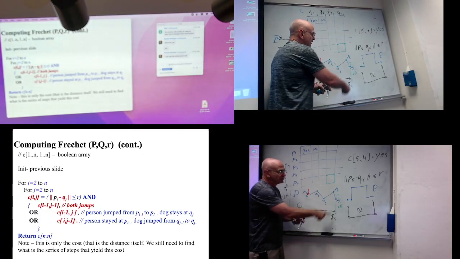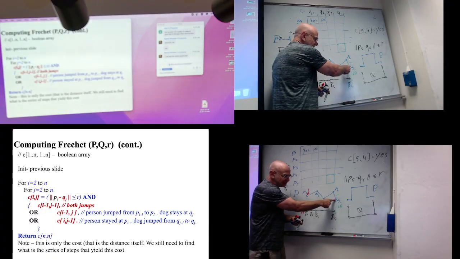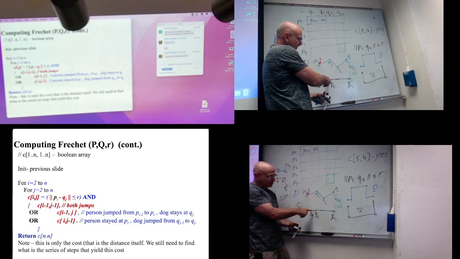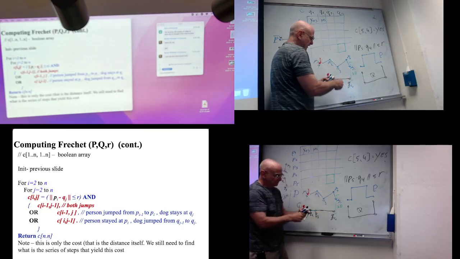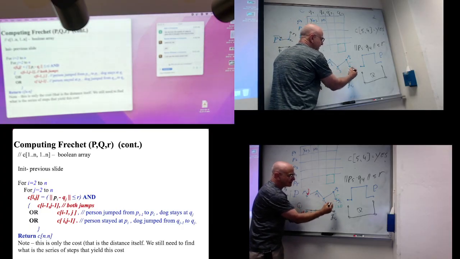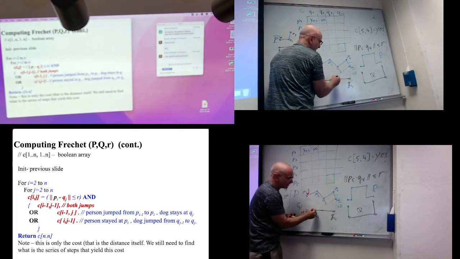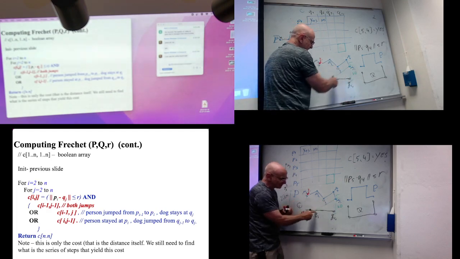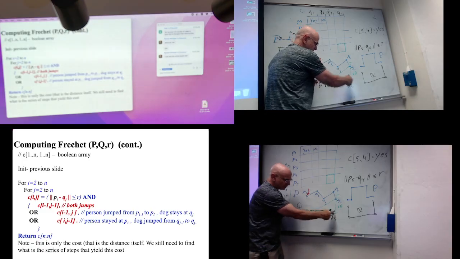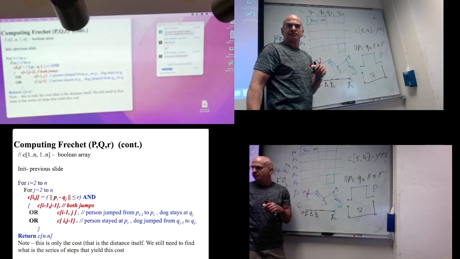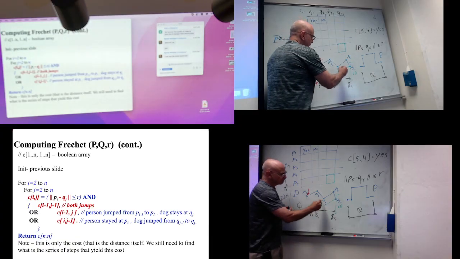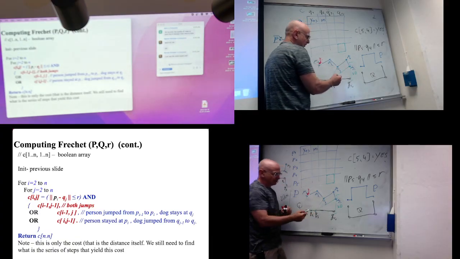Another option was the person was already at P5 and the dog jumps from Q3 to Q4. So the person was in the previous step at P5, the dog was at Q3, and then the dog jumps to Q4.